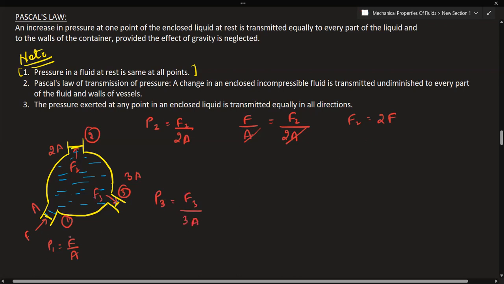Again, you can equate it with this. So F by A is equal to F3 divided by 3A. F3 would be equal to 3F. So the force would increase because the pressure has been transmitted undiminished, means there has been no change in the pressure. Have you understood these points which I was dictating? Yes, ma'am. Just note this down.